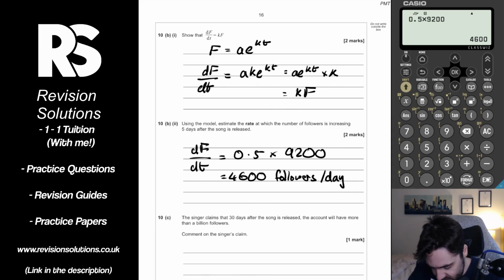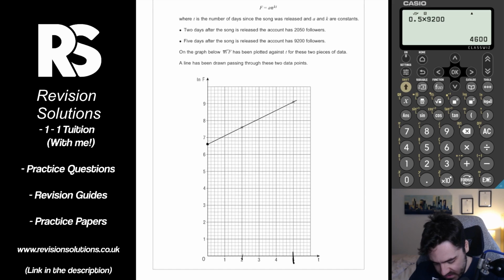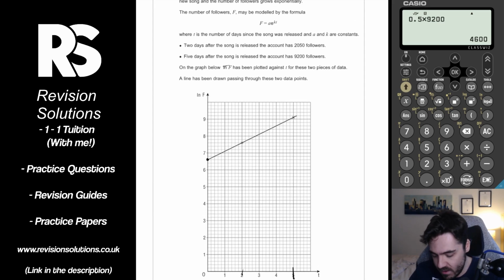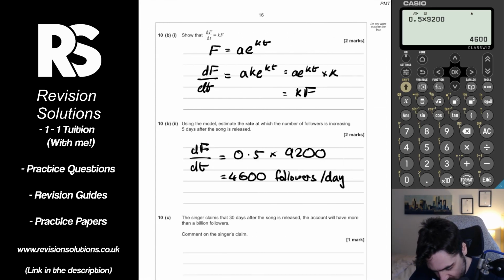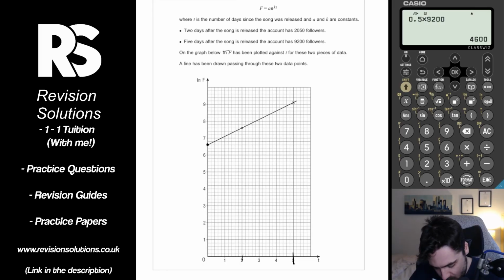Then it says the singer claims that 30 days after the song is released, the account will have more than 1 billion followers. So I would say that's a bold claim. Right now, we've only got 2 data points, right? After 30 days, that would be extrapolating well beyond the very limited data set we have.